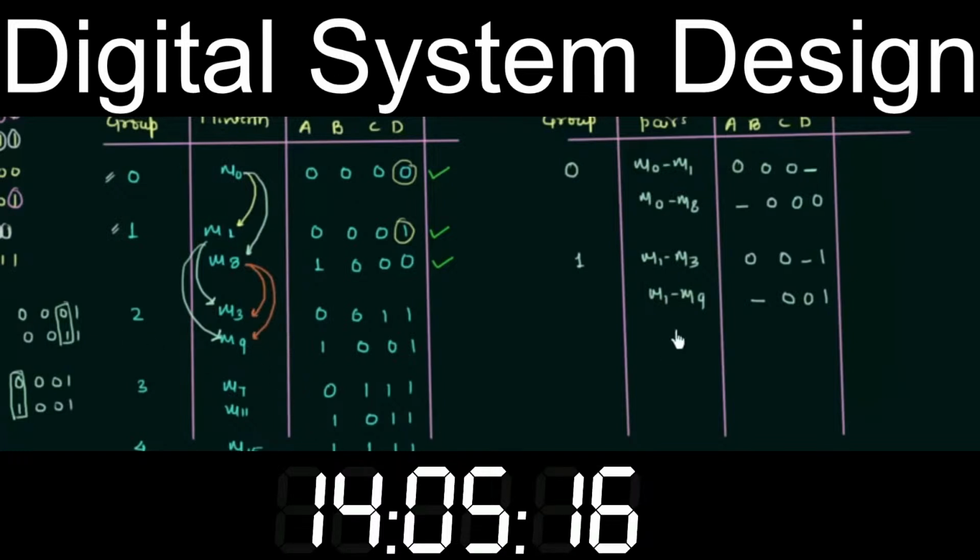I'm not going to do this. Fill this table by yourself, and then we will move to step number 3.